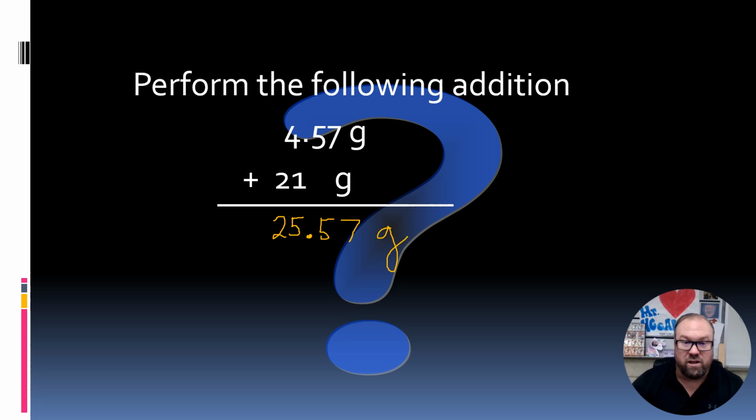Now, we're still going to the least digit of significance when we round. Because we're adding, we look at this 4.57, which is accurate to the hundredths position. It goes all the way out to the 1/100th decimal position, and that tells us how accurate the measuring device is. But the number 21 grams is much less accurate.